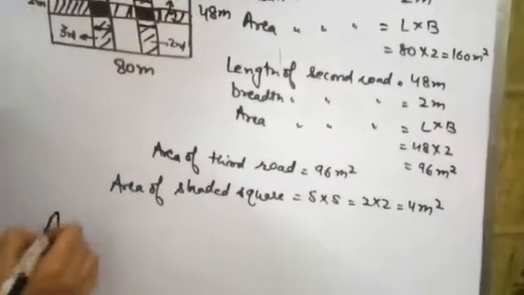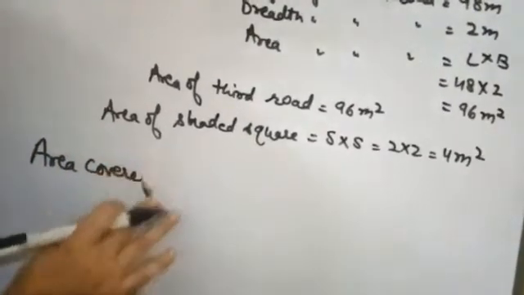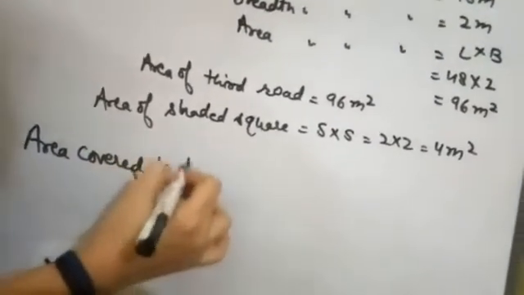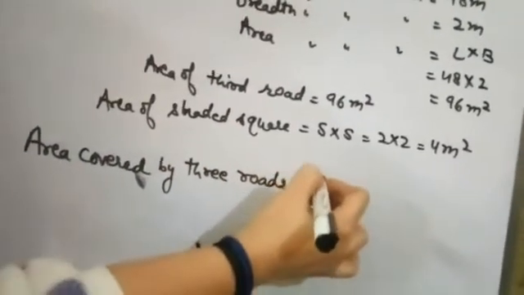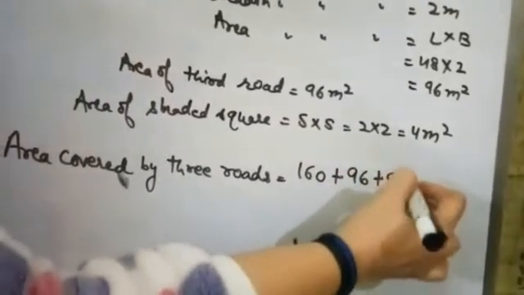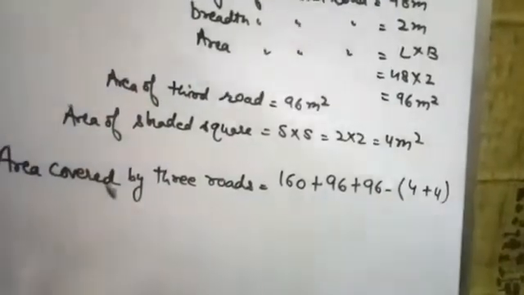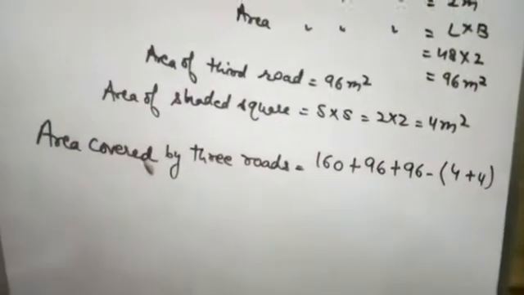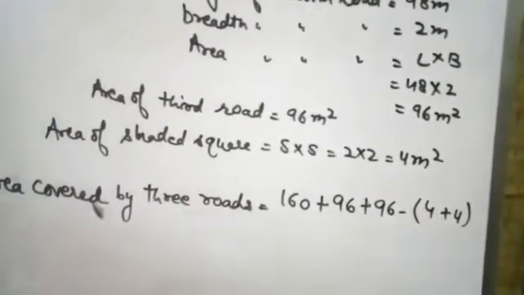Now the area covered by three roads, which we have to find out. Area of first, 160 plus 96 plus 96 minus 4 plus 4. This portion we have to take twice because once it is repeated in the first road and second it is repeated in the third road.